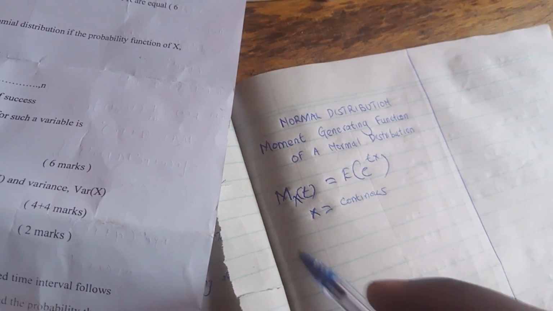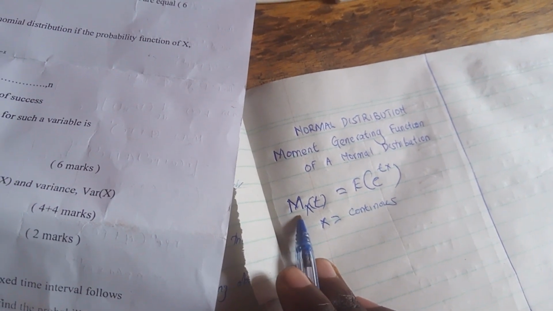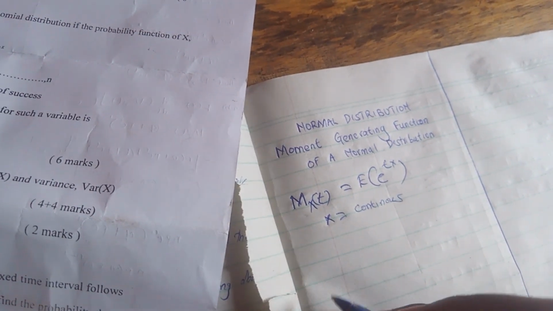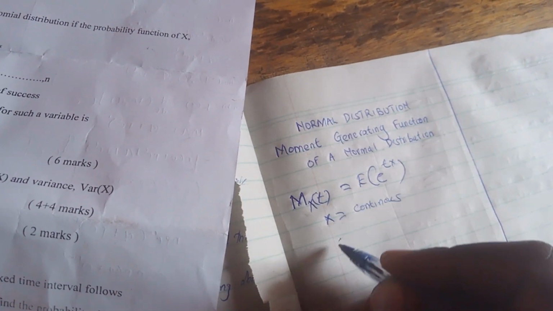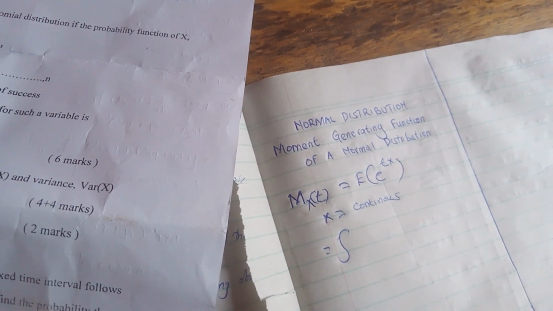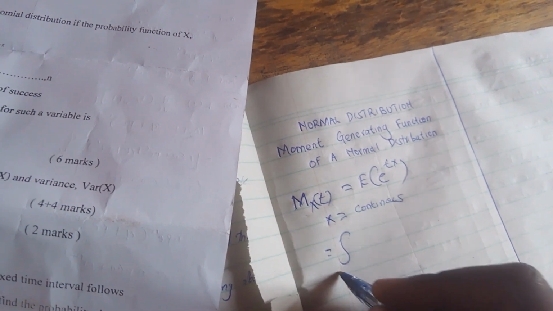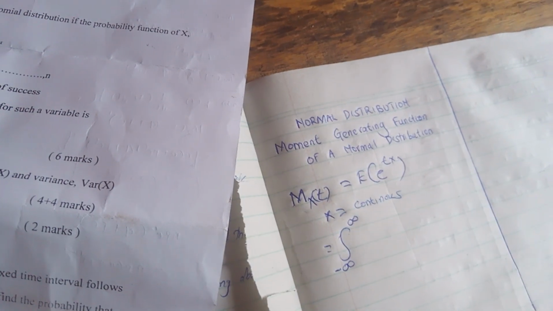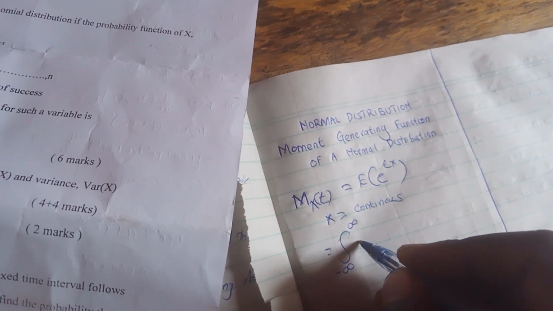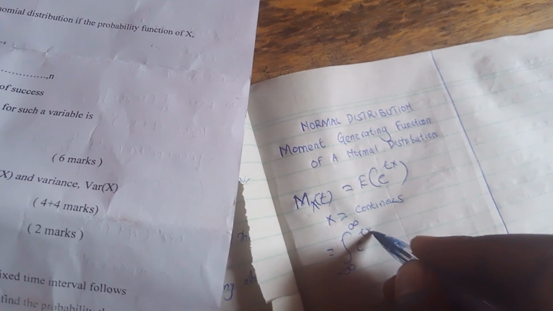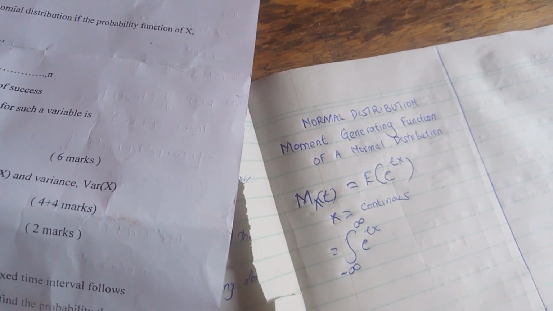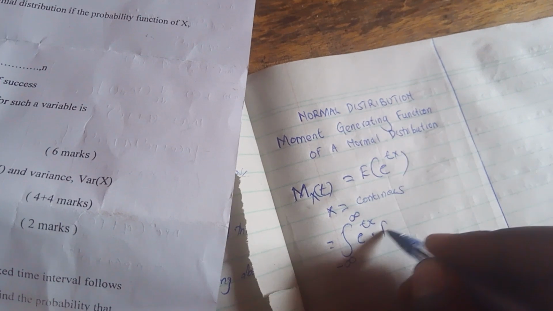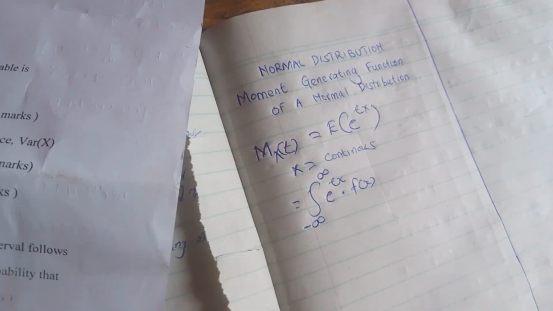So therefore, since the normal distribution is a continuous random variable, we will look at the integration from negative infinity to positive infinity. Then we will have the exponential tx, and the probability mass function.